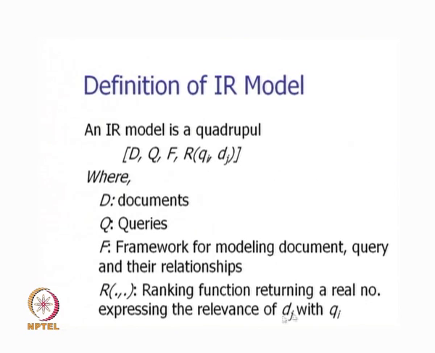It returns a real number expressing the relevance of d_j with q_i. So, R(q_i, d_j) captures the relevance of the query and the document. So, these 4 tuples, let us remember: the set of documents, the set of queries, the framework for modeling the document, the query and the relationship, and R is the ranking function.